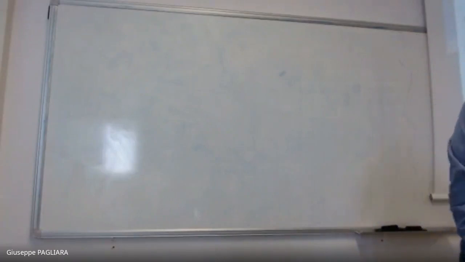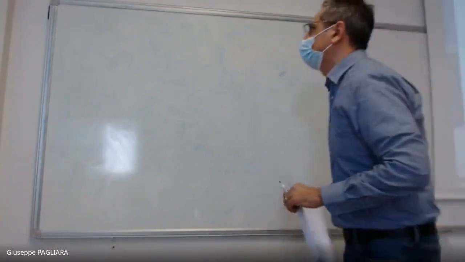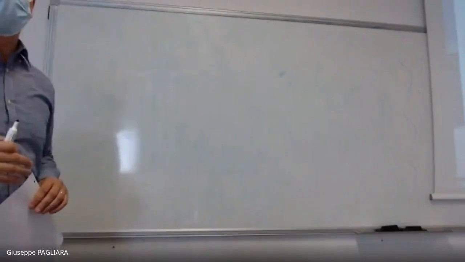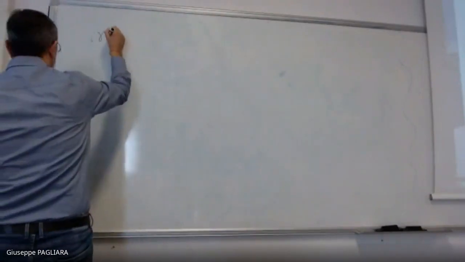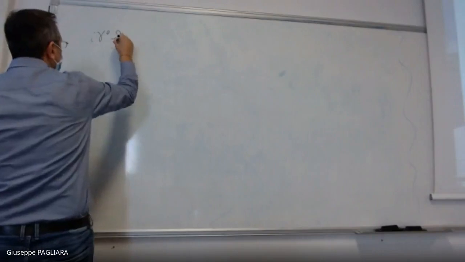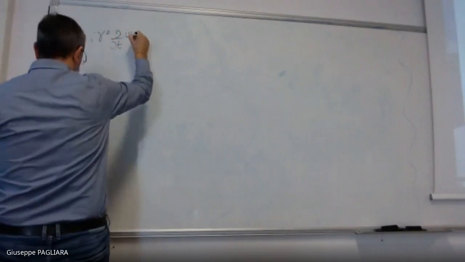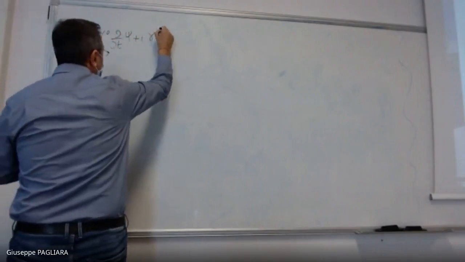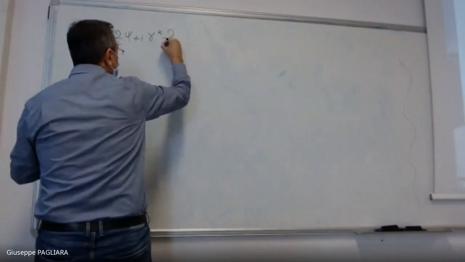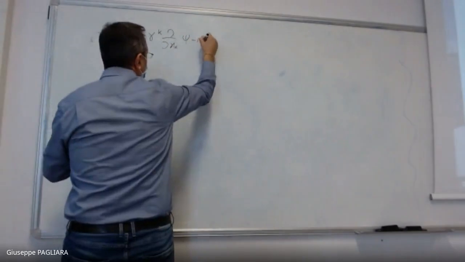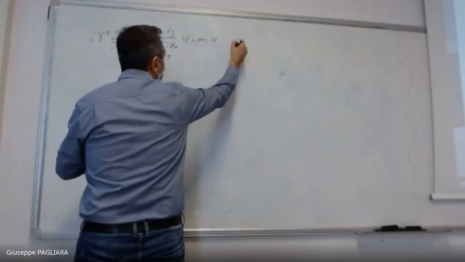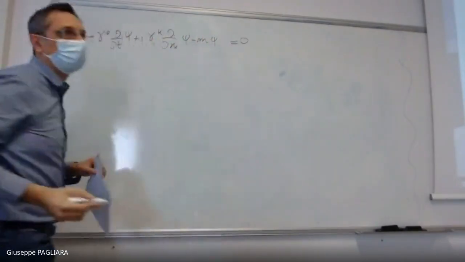Let me start again from the Dirac equation in the nominal form, the one we derived before: i gamma 0 ∂ₜ psi plus i gamma k ∂ₓₖ psi minus m psi equal to 0.